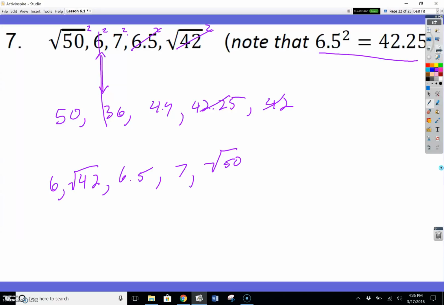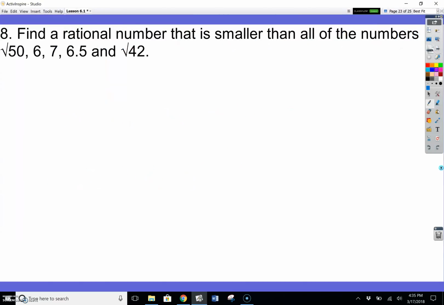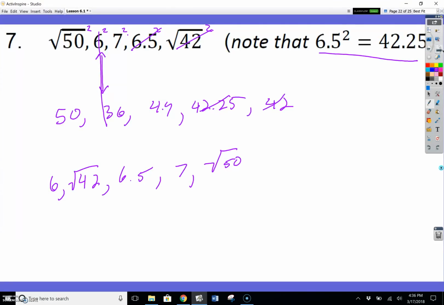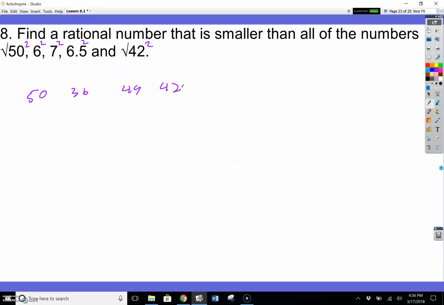Cool. All right, so now it says find a rational number that is smaller than all the other numbers. So if I were to look at these numbers and I squared them all, I would have 50, 36, 49. They gave me 6.5 previously, which was 42.25, and 42.